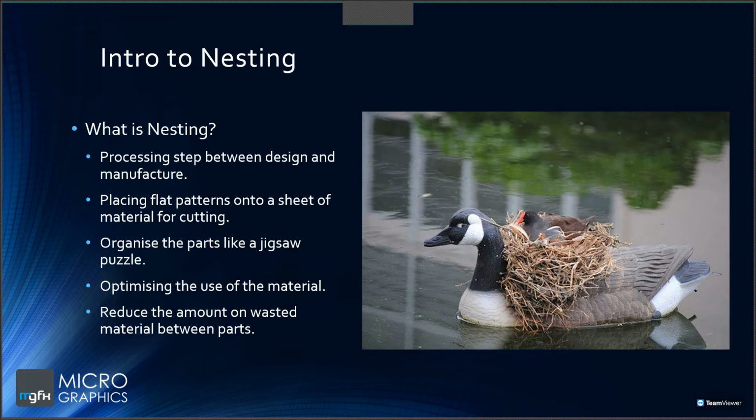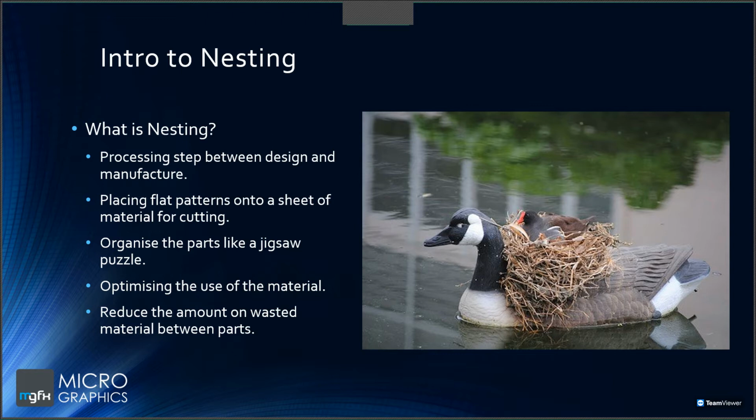Between the design and manufacture, there needs to be some processing done where a person or a department who is dedicated to this task will take these parts and place them down on a sheet of material for cutting.